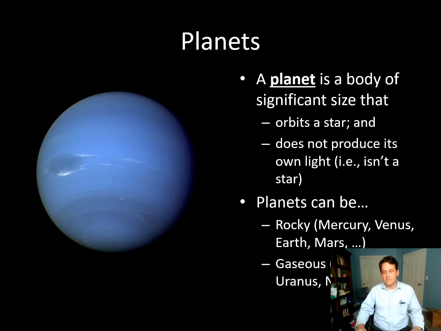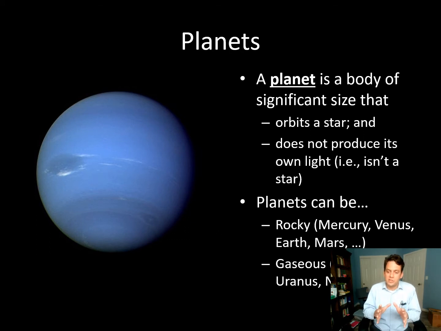So in the interest of not pausing and not scratching our heads for too long, I'm going to tell you what we're going to mean when we talk about a planet. A planet is a body of significant size that has two critical characteristics. One is that it orbits a star, okay? And the second is that it is not a star, okay? This might go without saying, but we're going to be pedantic, and so we're going to say it.